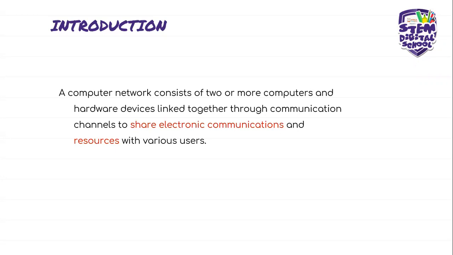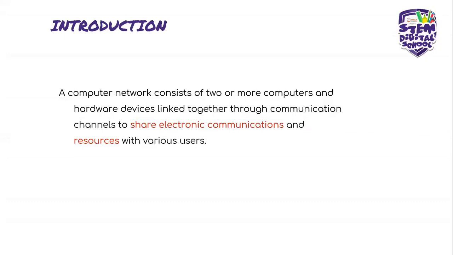So that's a network. Sometimes more than two computers are linked together through communication channels. They share electronic communication and resources. Those computers can be connected to a printer. Let's say it's me, Jaden, and Lionheart in the same room.